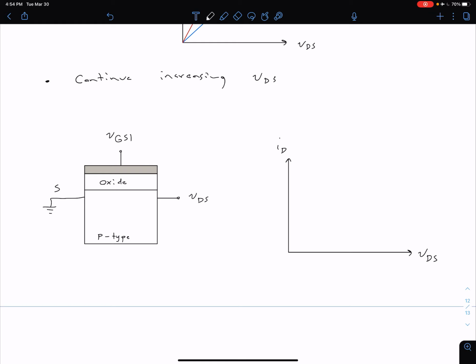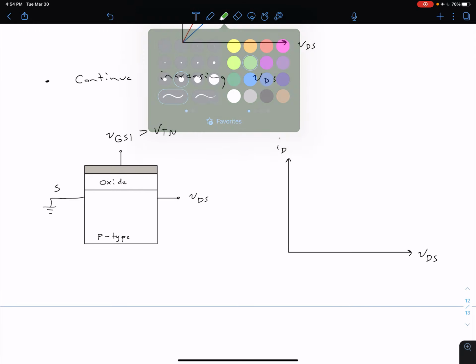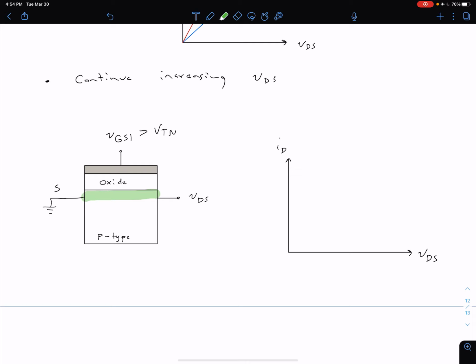And so of course we know if we have this VGS1, which we said above is greater than our threshold voltage, we're going to have some inversion layer. And we can represent that as maybe a highlighted region, something that looks like this. That's going to be our inversion layer of electrons, and that should just be in the semiconductor, not going into the oxide. And that's going to provide some path for our electrons to flow between our drain and source.